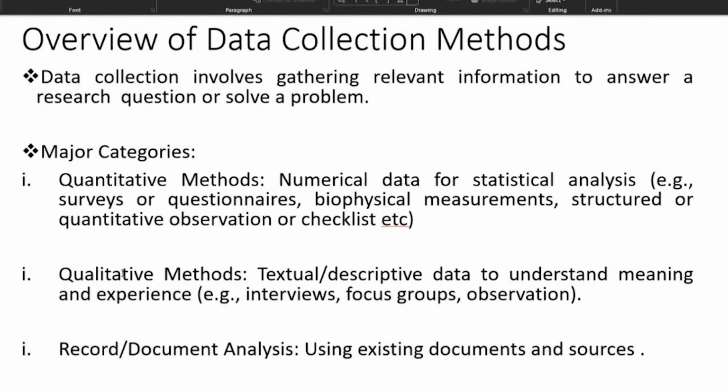Then the second category is the qualitative methods. Quanti and quali. Qualitative is all about textual or descriptive data that you use to understand meaning and experience. So there are some information that you cannot quantify. If you want to know about people's experience, people's feelings, most times this information is very difficult for you to put in form of quantity.